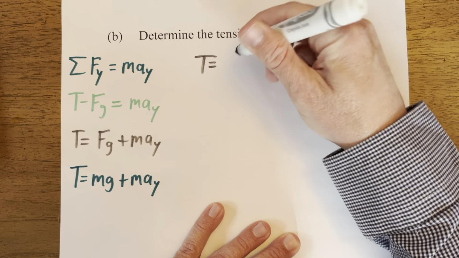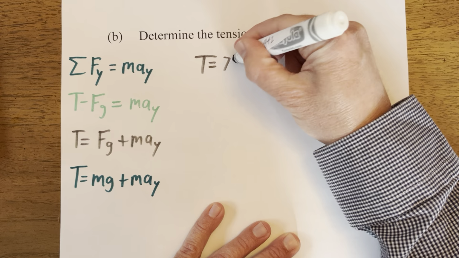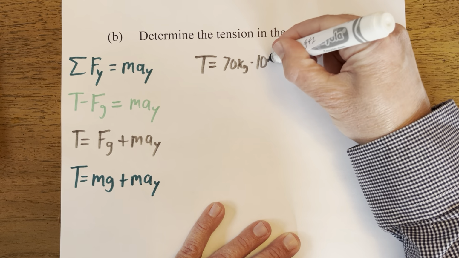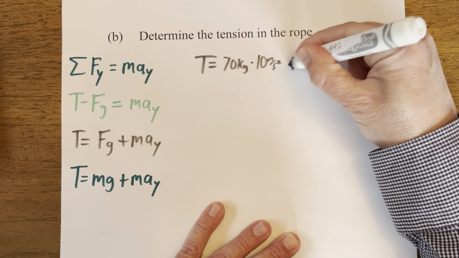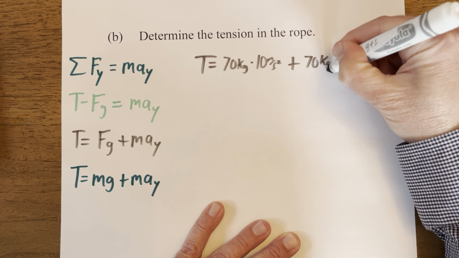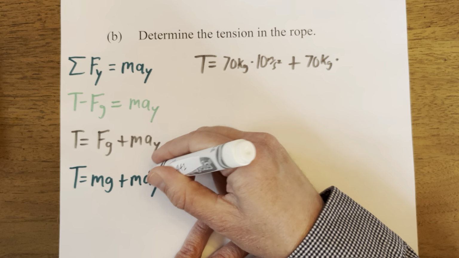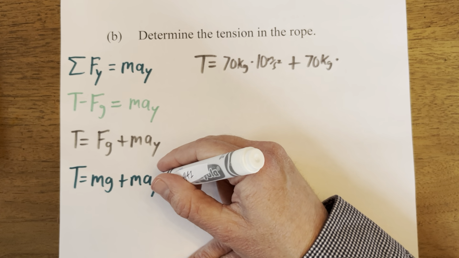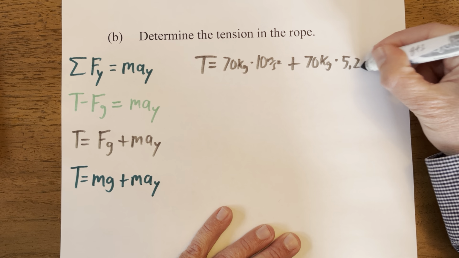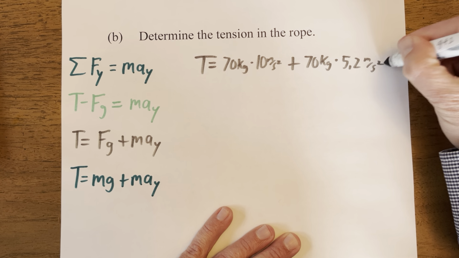And so the tension here will equal, the mass is 70 kilograms. We multiply that by gravity here on Earth, 10 meters per second squared, and we add that to the second term, which is the mass again, 70 kilograms, and we multiply that by the acceleration in the y direction, which if you remember from the front page said it was 5.2 meters per second squared.